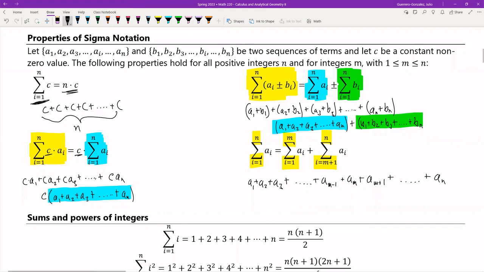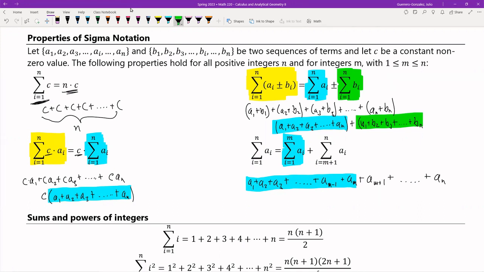So now what I want you to notice is this bit right here, from A1 to A sub M, is this one. Notice that this summation starts at 1 and ends at M, right?